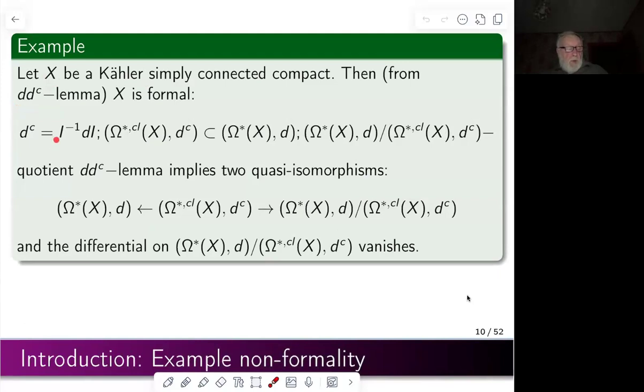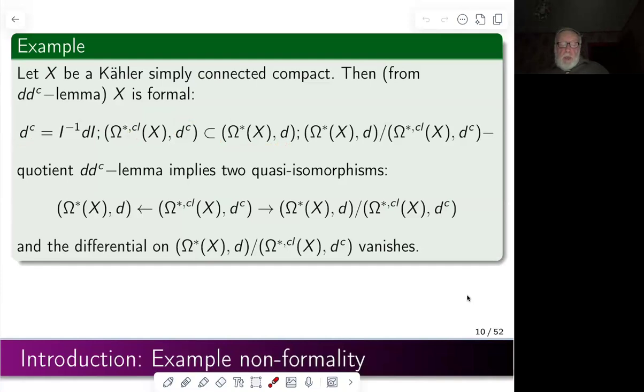On Kähler manifolds we have a complex structure operator I, and we have the operator d^c, which is a composition I^{-1} d I, which acts also on differential forms. It is easy to check that if we take the d^c differential acting on the closed forms, it gives a subcomplex in the de Rham complex with differential d.